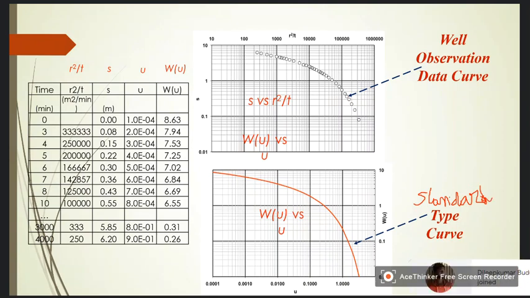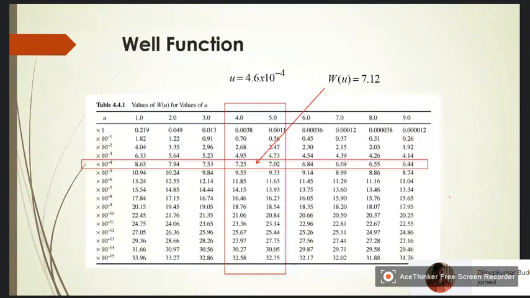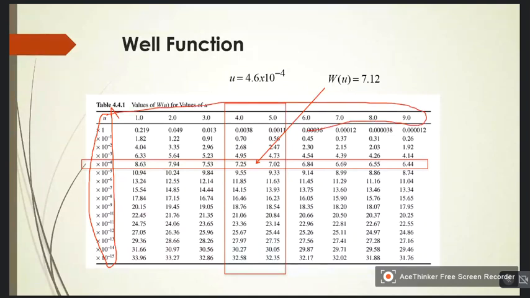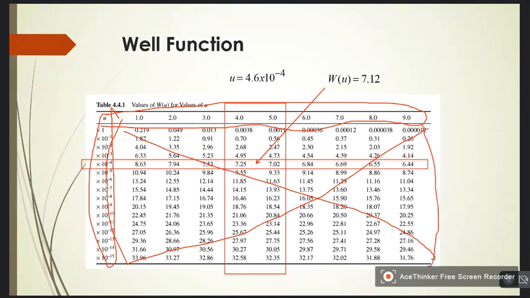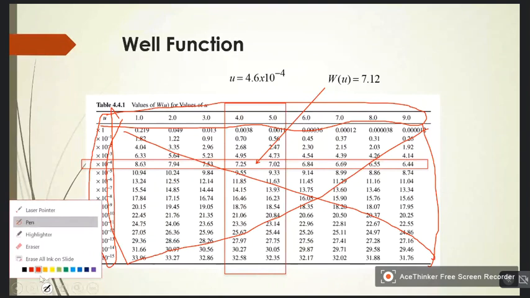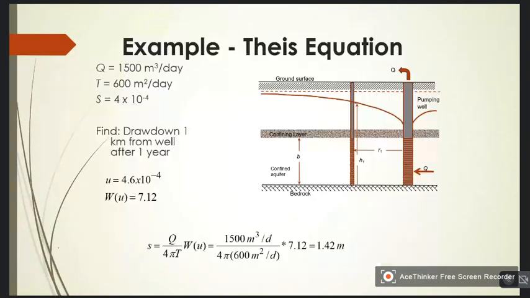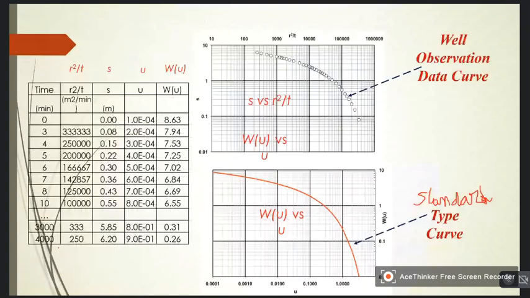So how do we get this? This is the one. See, these are the values of u, and these are the corresponding values of W(u). So this graph is obtained from that.